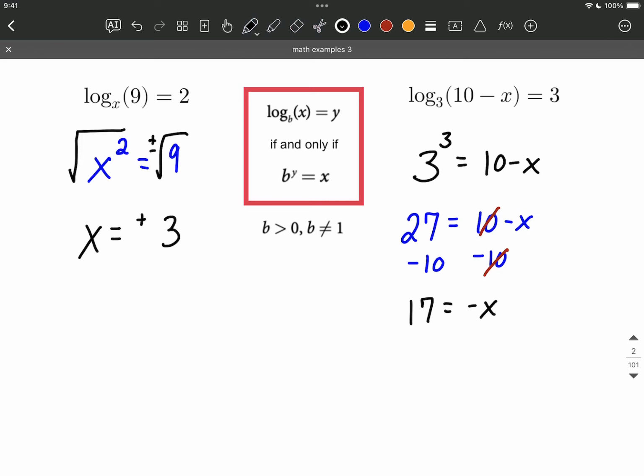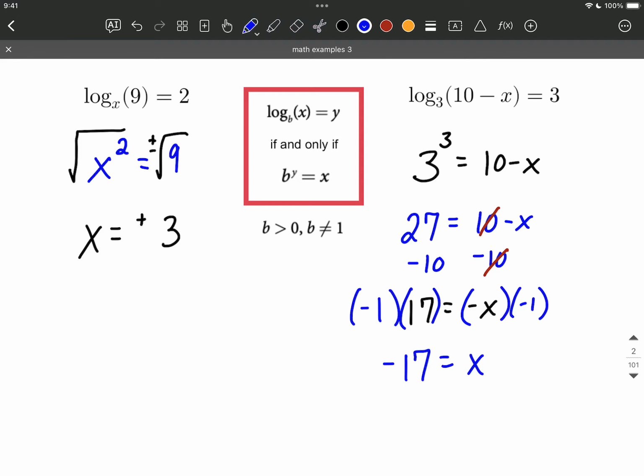And we still have a negative in front of our x on the right-hand side. To solve for x, we still need to get rid of that negative, so we can either multiply or divide both sides by a negative 1, because 2 negatives multiply and make a positive. So we end up with negative 17 on the left-hand side equals positive x.